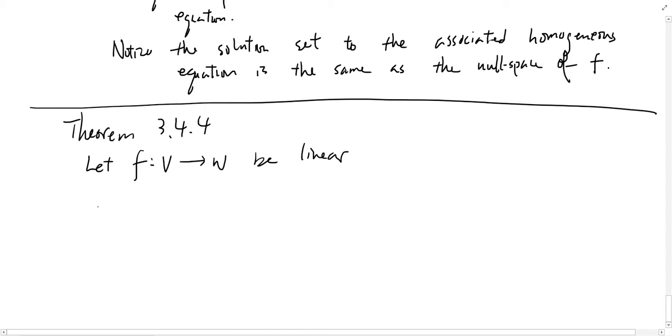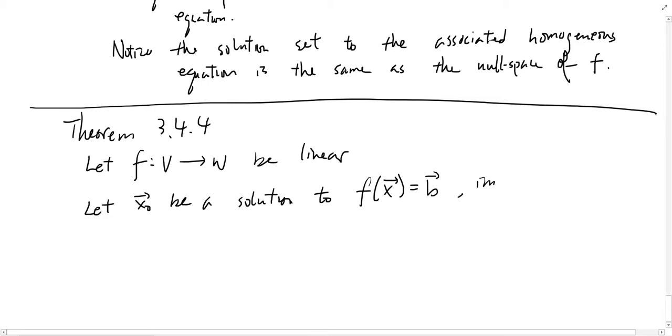Okay, let's say we have a vector. Let vector x sub 0 be a solution to the equation f of vector x equal to b. So that implies that when you plug in x sub 0, f of vector x sub 0 would equal vector b.